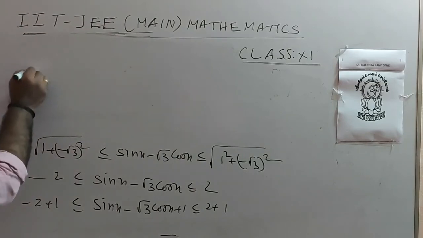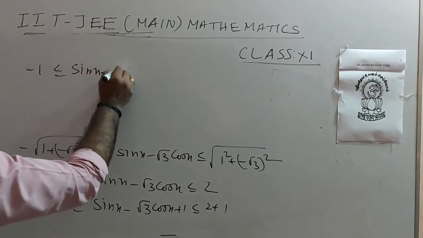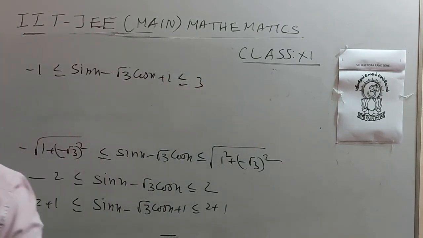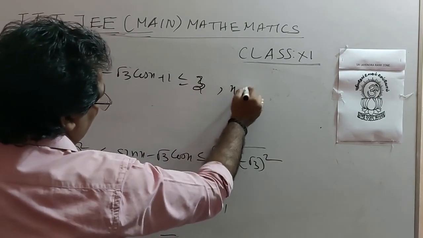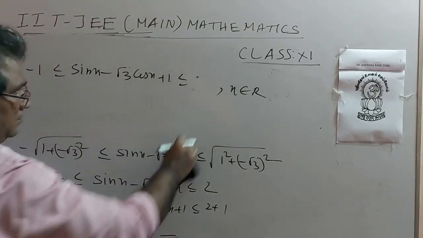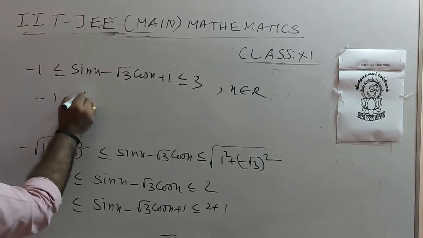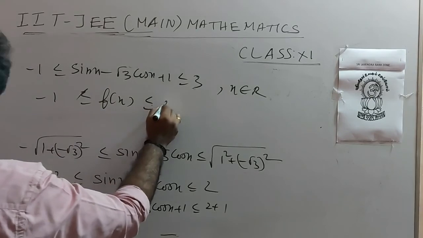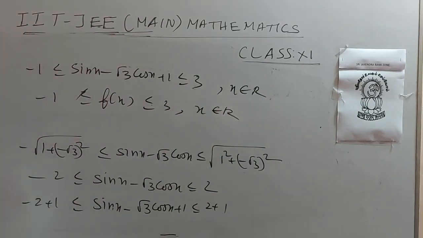So minus 1 less than or equal to sin x minus root 3 cos x plus 1 less than or equal to 3, where x belongs to R. So minus 1 less than or equal to f of x less than or equal to 3.